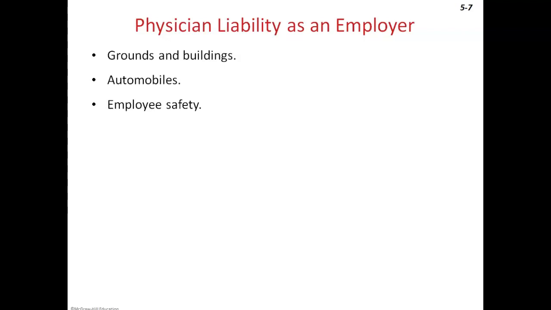As far as automobiles, if the employee uses either their own or the employer's automobile in routine daily work, the employer must have enough insurance for liability in the event of an accident. And lastly, employee safety. Employers must provide a reasonably comfortable and safe work environment.